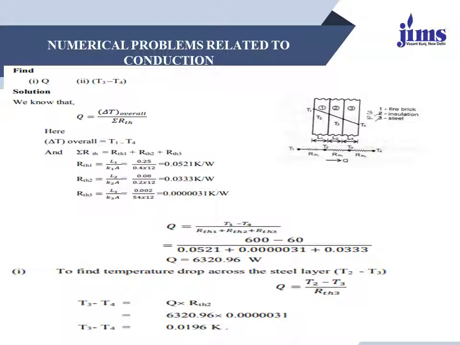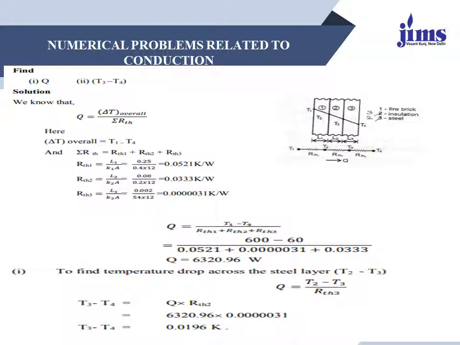So T1 is equal to 600 degrees centigrade and T4 is equal to 60 degrees centigrade. In this problem we have to calculate, number one, the total rate of heat loss from this wall, and we also have to find the temperatures T2 and T3.